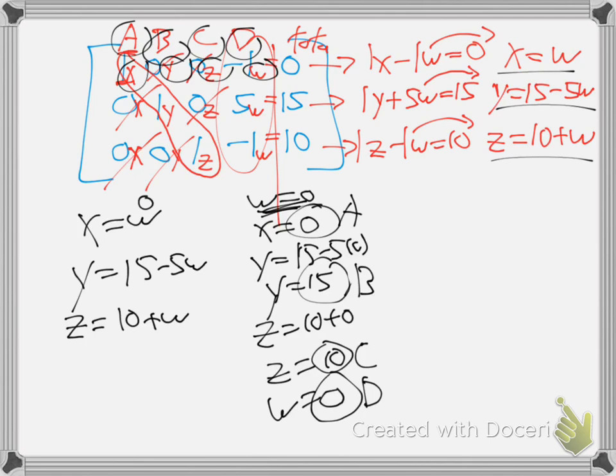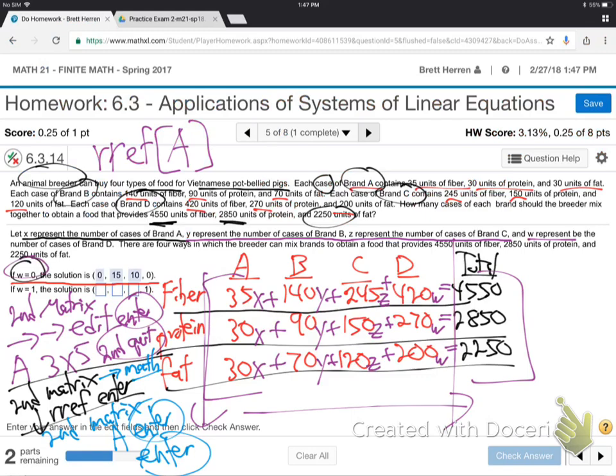So that's one real life answer. Here's what you could do for the pigs: no cases of A, 15 of B, 10 of C, and none of D. If you mix that in and give it to them, they'll get the fat, protein, and fiber they need. Remember, there's infinite answers here. It's saying let W be 0 and give us the answer. See, 0, 15, 10, 0.